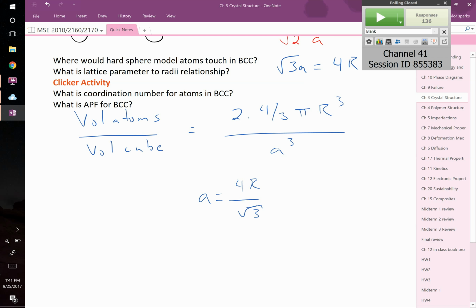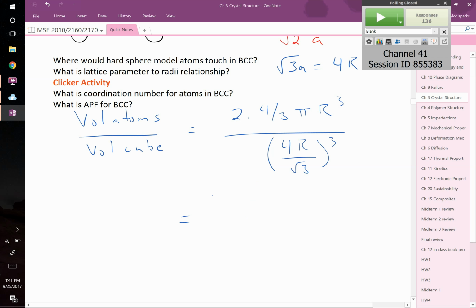Sure, yeah, let me plug that in here. So you've got 4R over root 3 cubed. Let's do all the steps, actually. So this is now going to be 8/3 pi r cubed over 4 cubed.